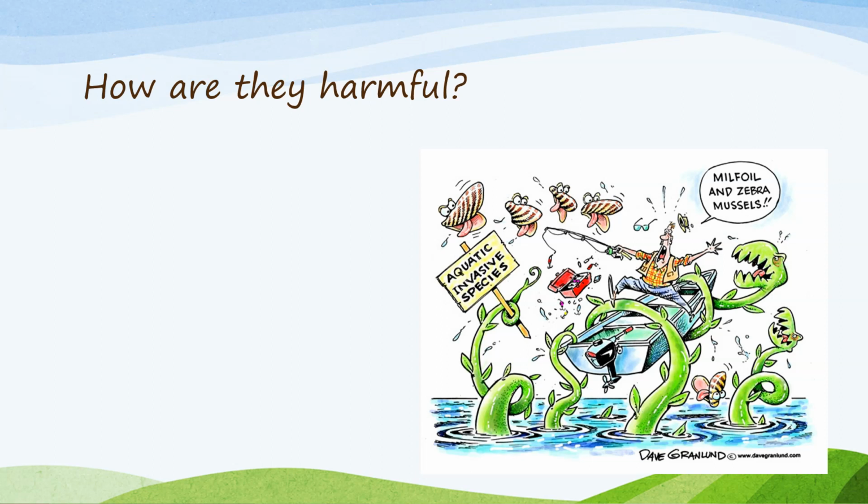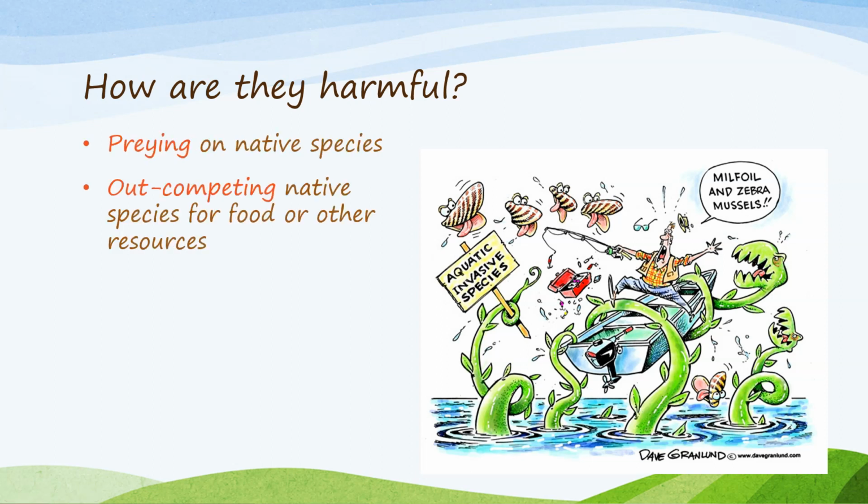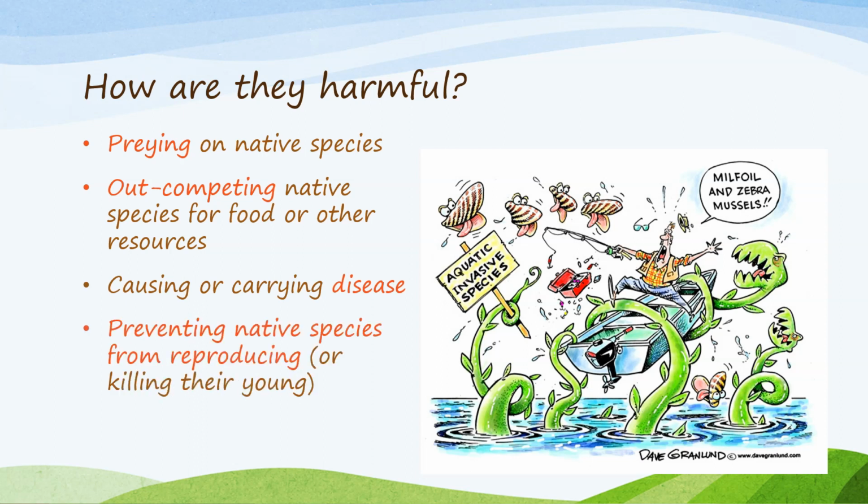The direct threats of invasive species are preying on native species, outcompeting native species for food or other resources, causing or carrying disease, and preventing native species from reproducing or killing their young. Invasive species can also indirectly cause problems by changing food webs, decreasing the diversity of life in an area, and altering the conditions of an ecosystem.